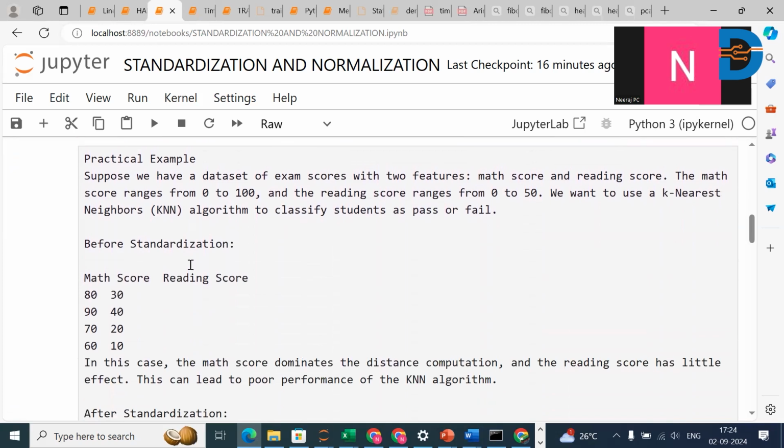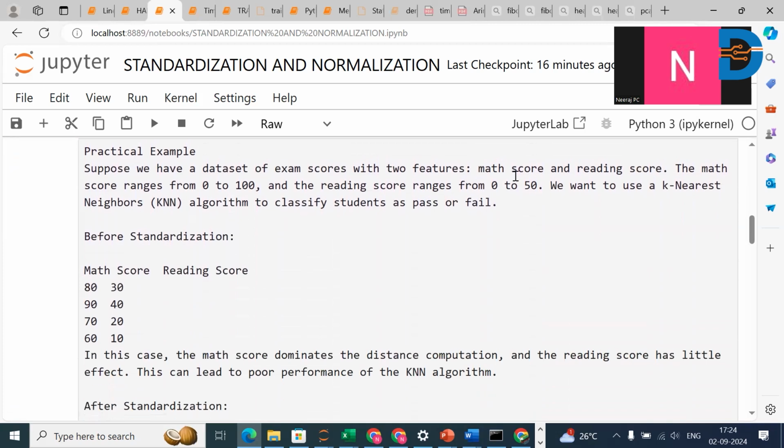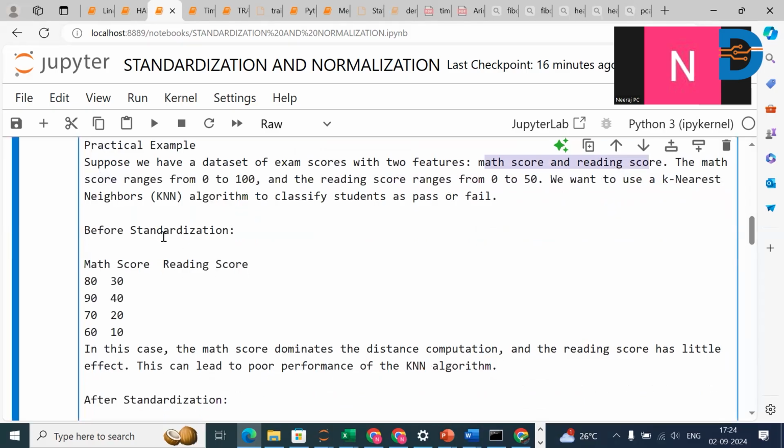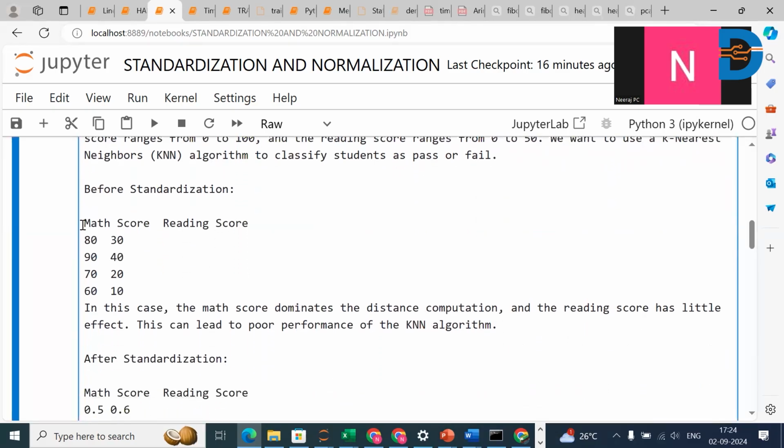I have shown you a practical example. Let's say these are the math scores and reading scores of students. Here, this is the math score: 80, 90, 70, 60. And these 30, 40, 20, and 10 are the reading scores. In this case, the math scores dominate the distance computation. On a first look, we feel that math scores are higher compared to reading scores.